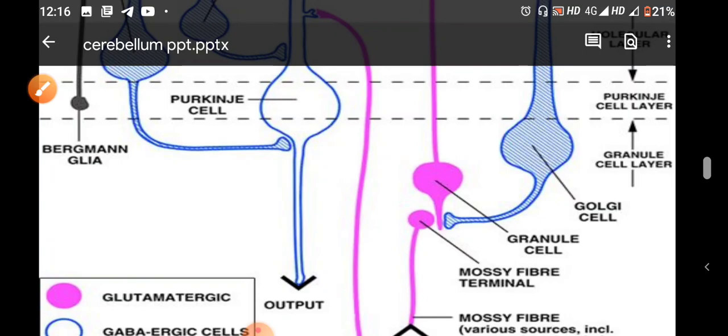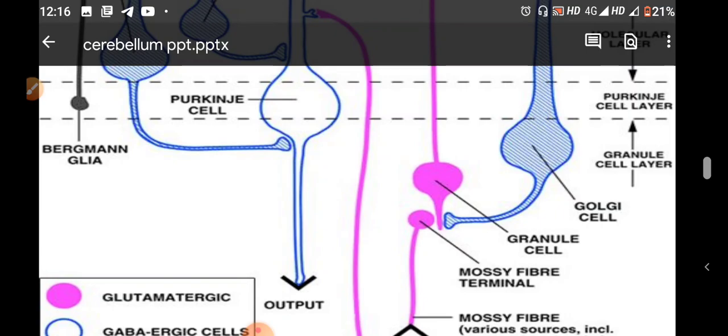Also, in the cerebellum we have reverberating circuits. Granule cells and the Purkinje cells form the reverberating circuits, also called echoing circuits. The person is making alternate supination and pronation of his hand rhythmically. This is made possible by the reverberating circuit of the cerebellum.